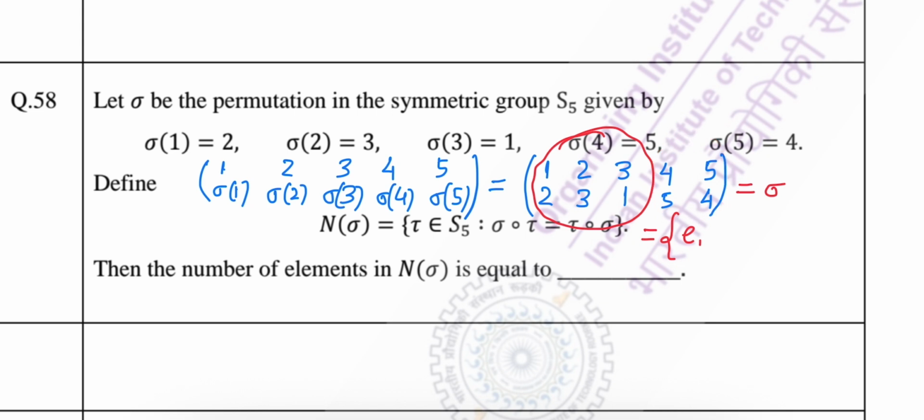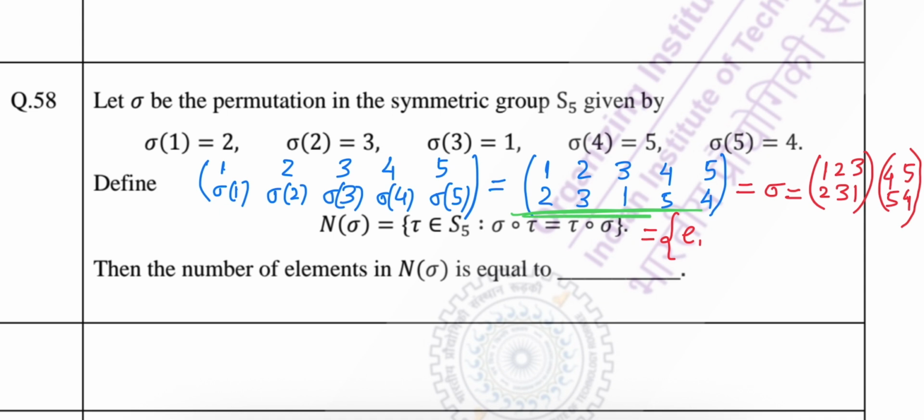So this element sigma can be rewritten as 1 2 3 2 3 1 and 4 5 5 4. Okay, so this one I show you in green underline. This one and this one both are the same.